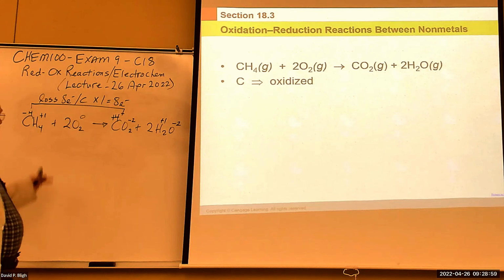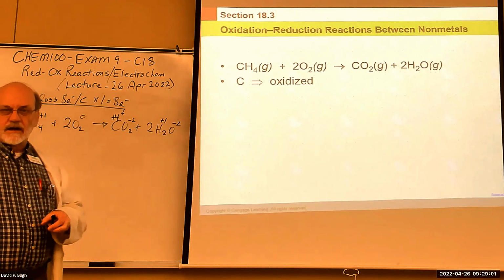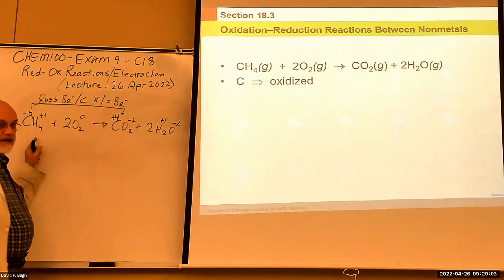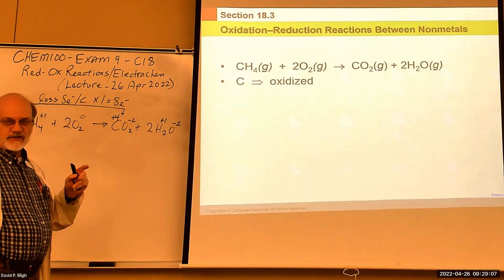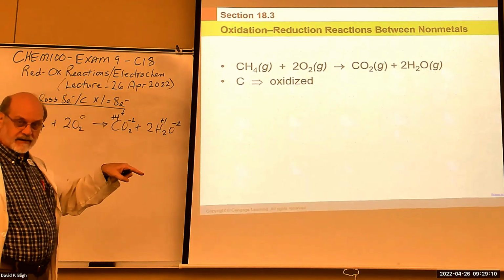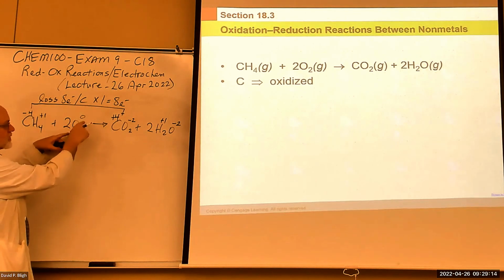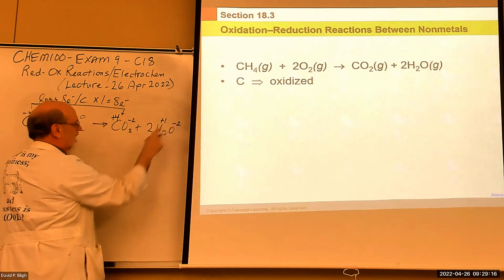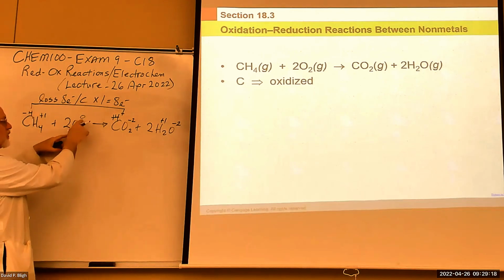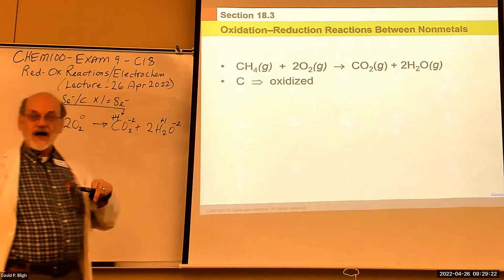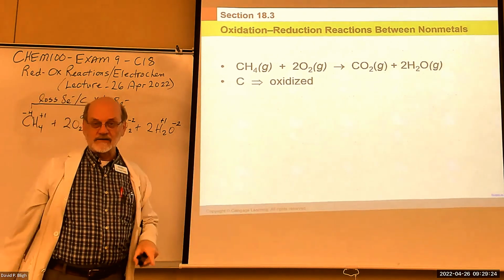Okay, so if that's what happened to carbon, where did those electrons go? The carbon was oxidized, so that makes it a reducing agent. It had to reduce something. So what got reduced? It looks to me like oxygen went from 0 to -2. And it also went from 0 to -2 here. In other words, oxygen went 2 ways.